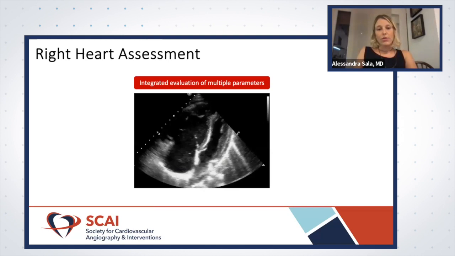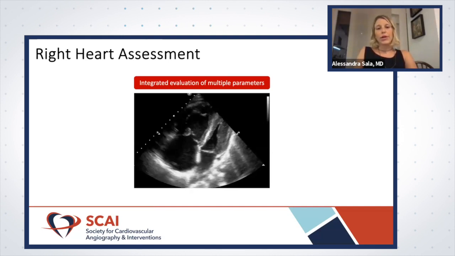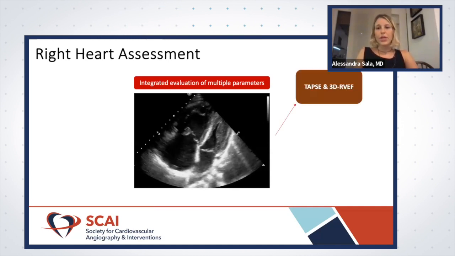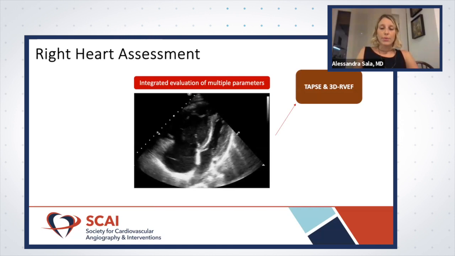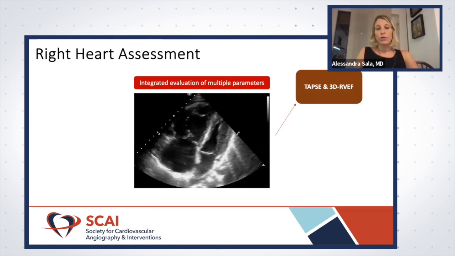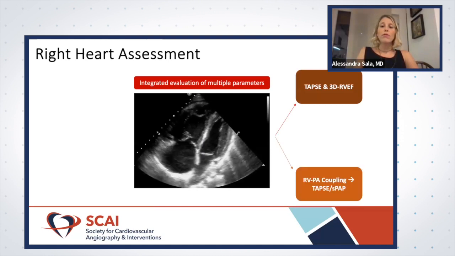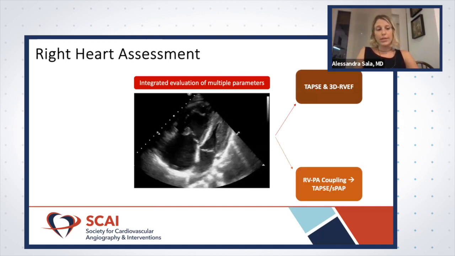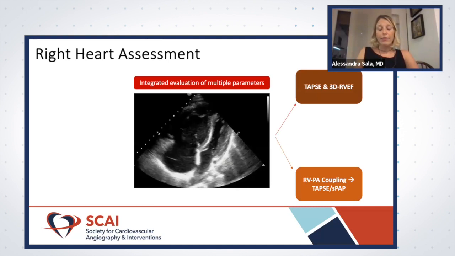Non-invasive assessment of the right ventricular function is extremely complex, and it is based on an integrated evaluation of multiple parameters. Reduced both TAPSE and 3D right ventricular ejection fraction are associated with adverse outcomes. Furthermore, right ventricular function is dependent on preload and afterload.